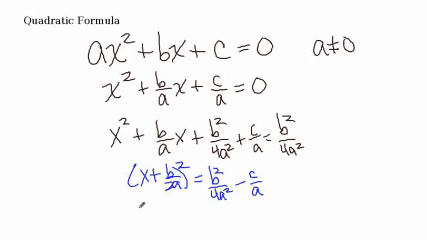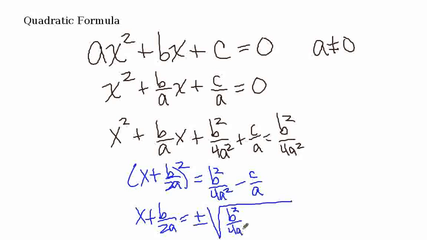We already know how to solve situations where we complete the square. We take the square root of both sides. So x plus b over 2a is going to be plus or minus the square root of b squared over 4a squared minus c over a. I've got two fractions underneath the square root that I'm subtracting, so let me combine those fractions.